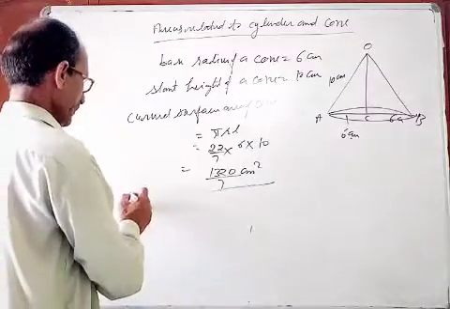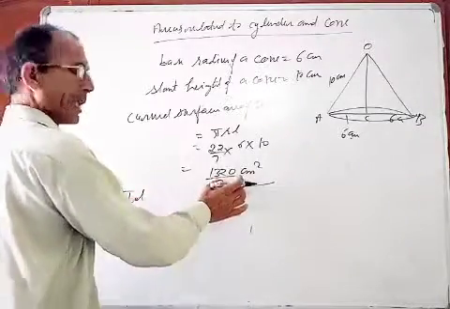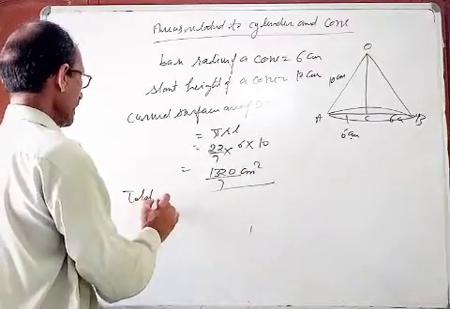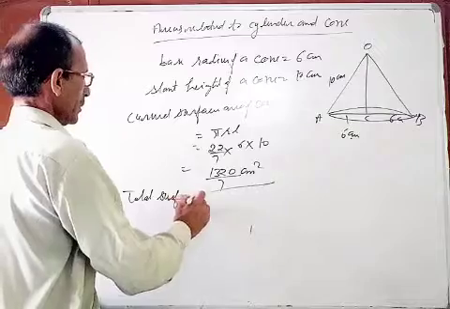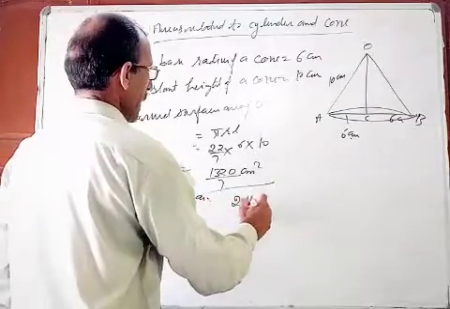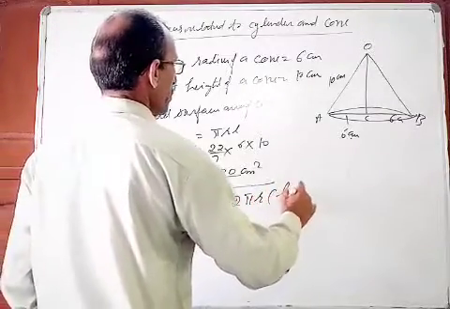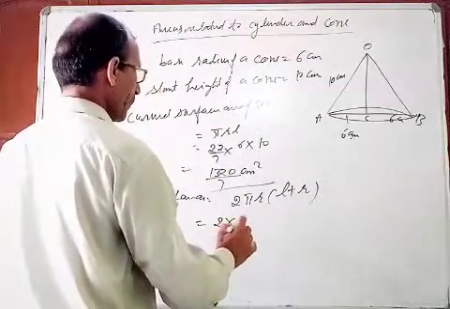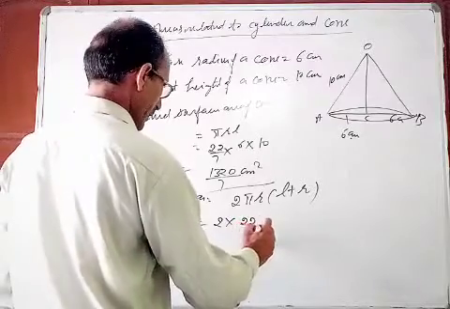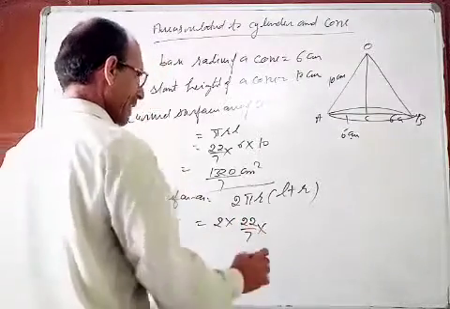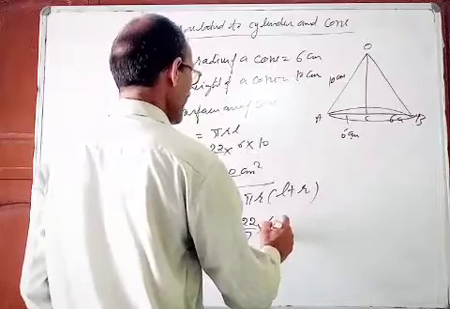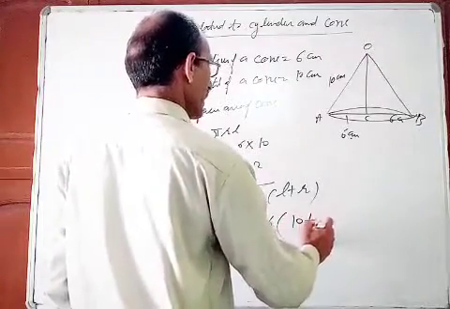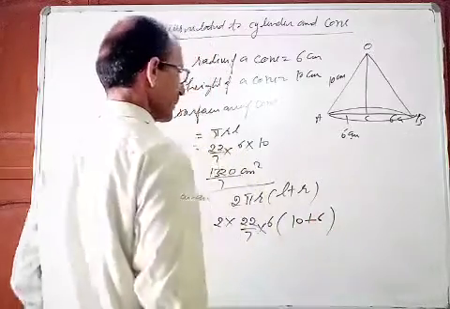Total surface area. You can write in this form or in decimal form. Total surface area is pi r into L plus r. So 2 into... value of pi is 22 by 7, radius is 6, slant height is 10 and radius is 6.